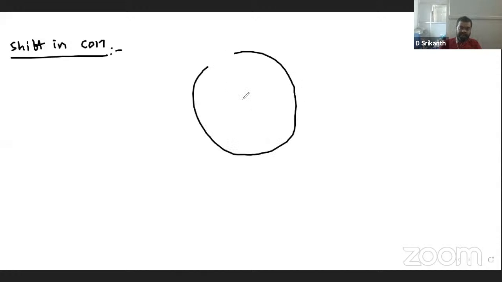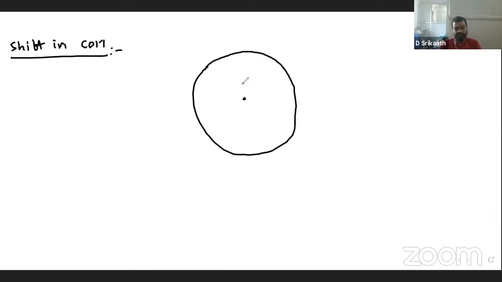Okay, fine. Next one is shift in center of mass, that is whenever some mass is added or some mass is removed. Suppose let us consider I am having a circular ring.